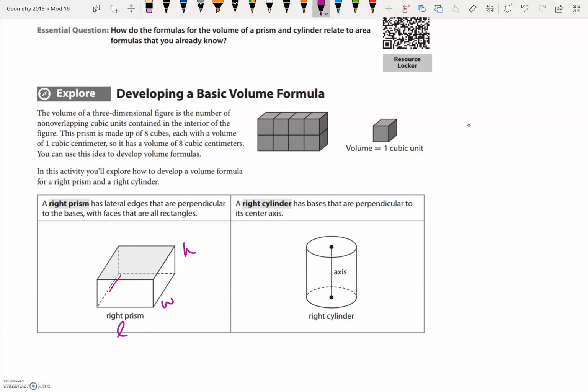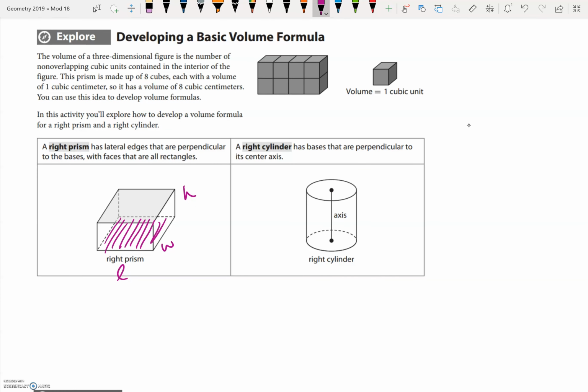If we were to find the area of just this base here, that'd be length times width. And if you imagine taking a bunch of the bases on the bottom and stacking them on top of each other, we would end up getting our volume. That's why when we multiply it all together, the volume is length times width times height. I'm sure that you remember that from middle school.